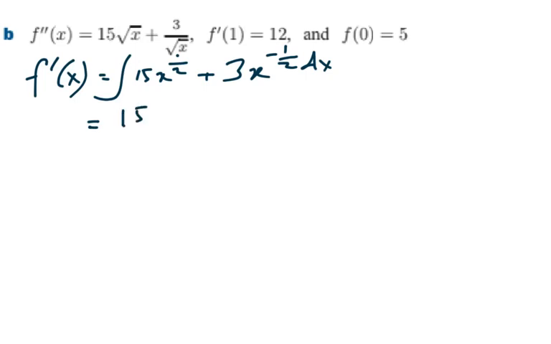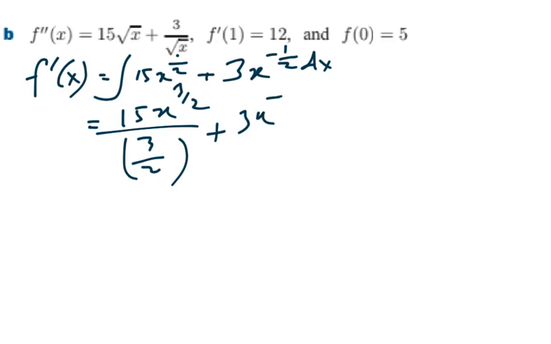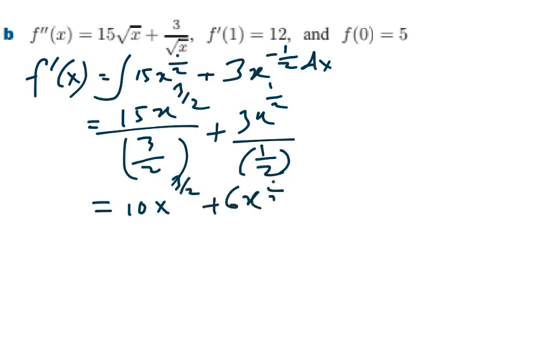So 15 x to the power of 3 over 2 divided by 3 over 2, plus 3x to the power of 1 over 2 divided by 1 over 2. Simplify the equation. You will be able to get 10x to the power of 3 over 2 plus 6x to the power of 1 over 2 plus c. So that's your f prime x.